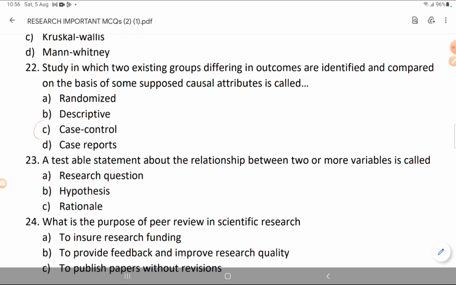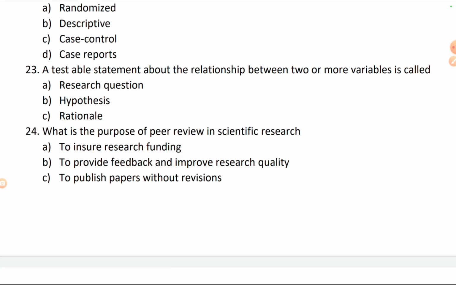C, case control. A testable statement about the relationship between two or more variables is called option A, research question, option B, hypothesis, option C, rationale. The answer is option B, hypothesis.